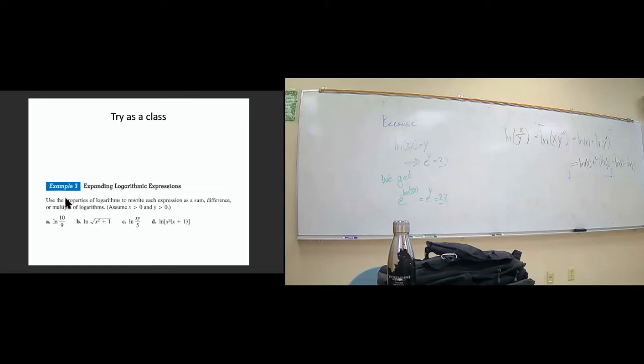So knowing this, how might we rewrite some of these ln's? Now notice we have to make some assumptions. We have to assume that x and y are greater than 0, and the reason why is because we can't put values of 0 or less into a logarithm, right?